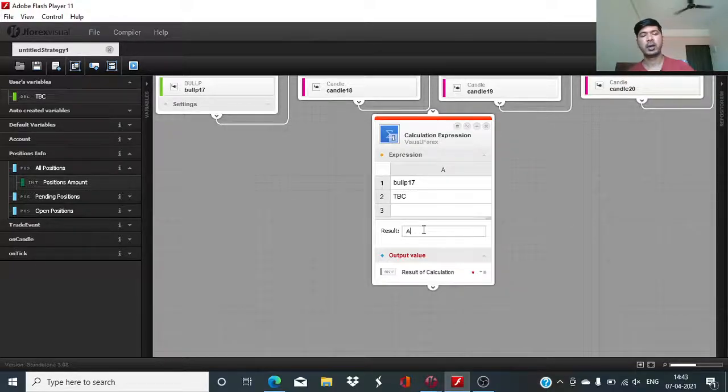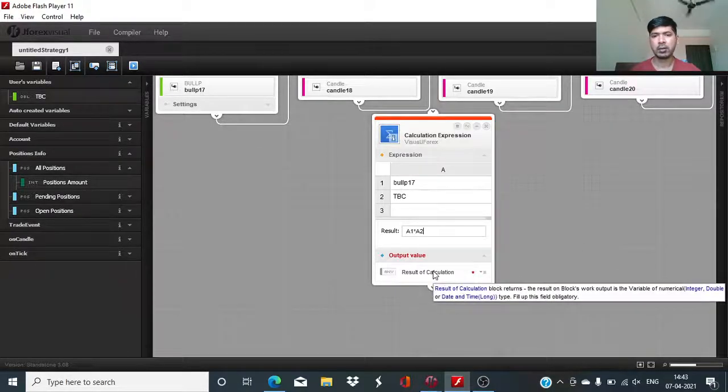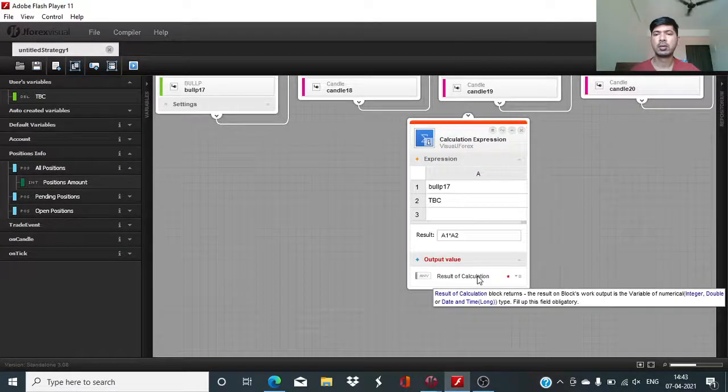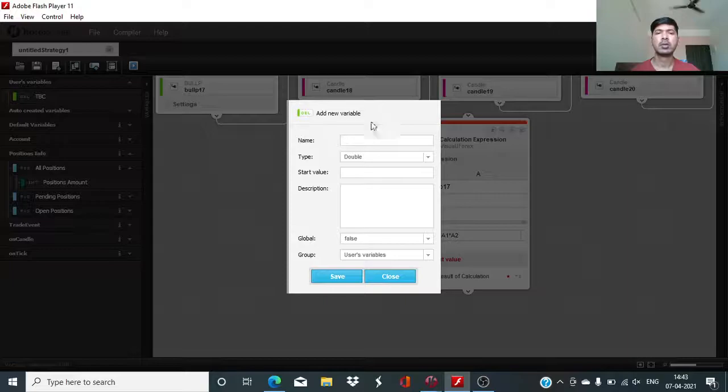And this will be A1 into A2. And we'll name it minimum full power condition.